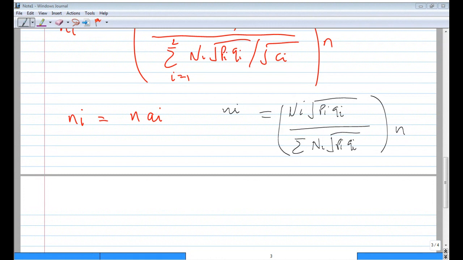So now here we don't have a cost, or in other words, the costs are the same. So this one now comes from Neyman allocation, if you still recall.